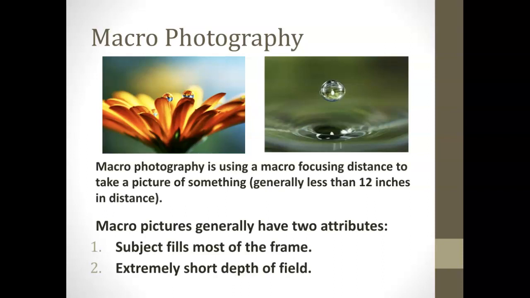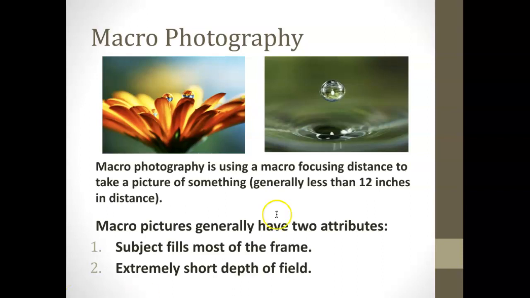So lastly, we're going to talk about macro photography. Macro photography is using a lens where you can get really close to your subject to take a picture. The benefit of doing this is that you can get a dramatic depth of field that's very short. It really helps to isolate something, but it also gives you a little bit of a different view of something that maybe we wouldn't normally see, because our eyes can't necessarily focus too close to a subject, whereas with a camera, we can have a lens on there that allows us to focus in really closely.